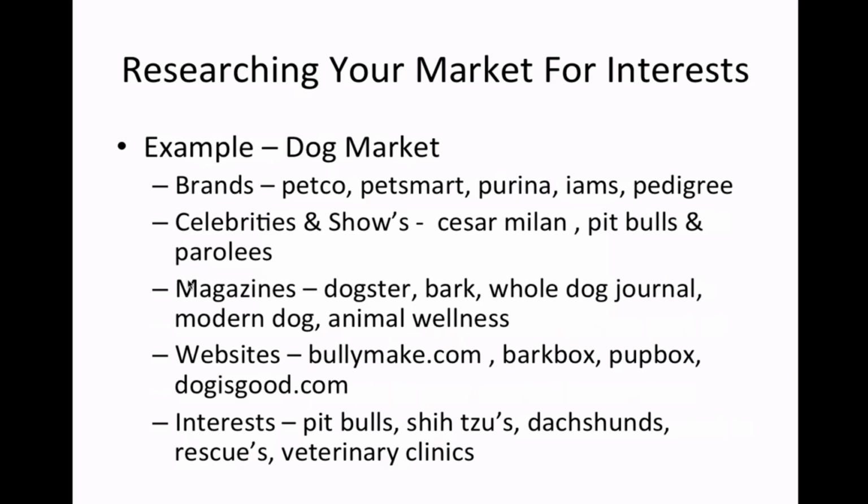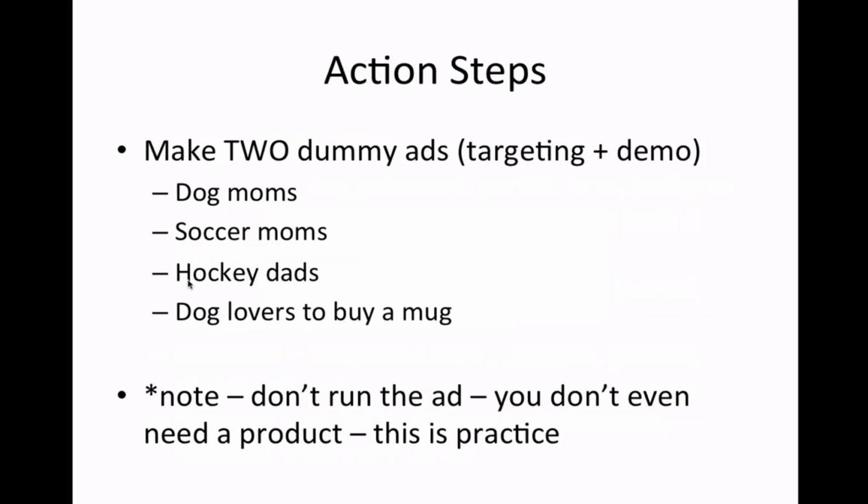Some of the products I've shown you, researching on Etsy, I've shown you the dog market over and over. Now you know how to go after these people. If it's a dog mom, it's probably UK, female, interested in Petco, PetSmart, Purina, yada yada yada. Nothing else to it. That's how you would go and target these things. So hopefully you learn some stuff in this. Hopefully you start to think audience first.